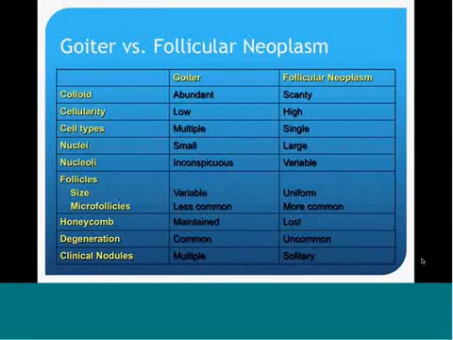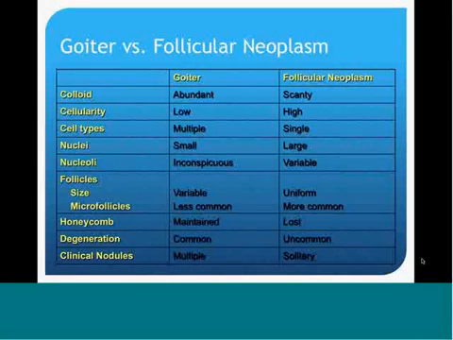So again, here I have just a table that recapitulates the table that I showed previously with the different zones, the features of goiter versus a follicular neoplasm, where you have scanty colloid in neoplastic nodules. Lots of cells, so high cellularity, scanty colloid.